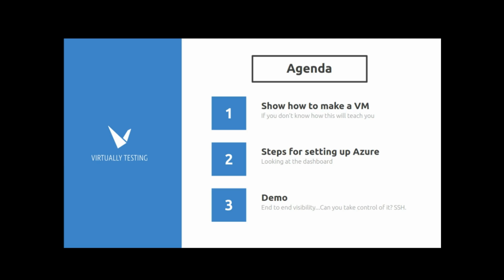I'm going to go through the steps for setting up a virtual machine in Azure. And I'm also going to show an example of complete end-to-end visibility between the production machine and the virtual machine in the cloud.